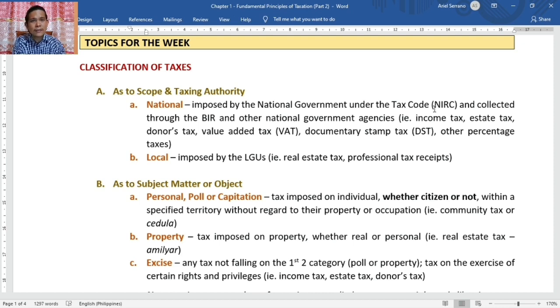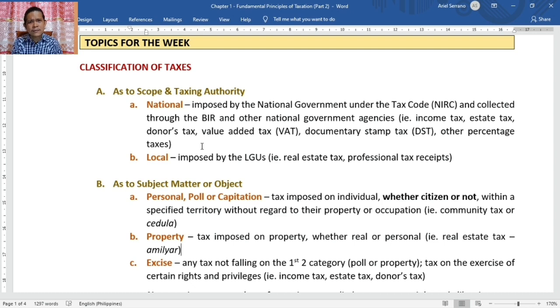And it is collected sa pamamagitan ng Bureau of Internal Revenue or the BIR. Yun nga lang, meron pang ibang mga national government agencies na posible or maaari magkolekta ng buwis in behalf of the national government. So, ang example nitong mga national taxes is yung ating income taxes, estate tax, donor's tax, value-added tax, documentary stamp tax or DST, and other percentage taxes.